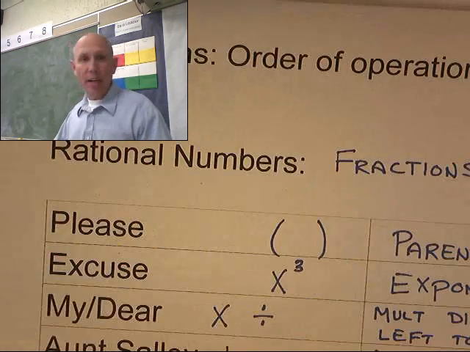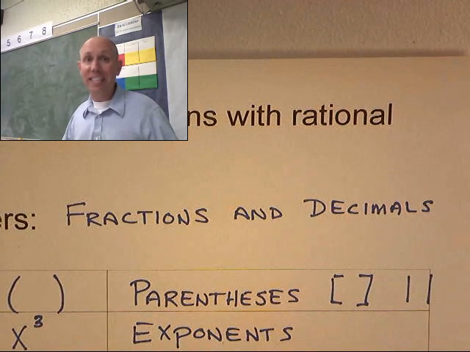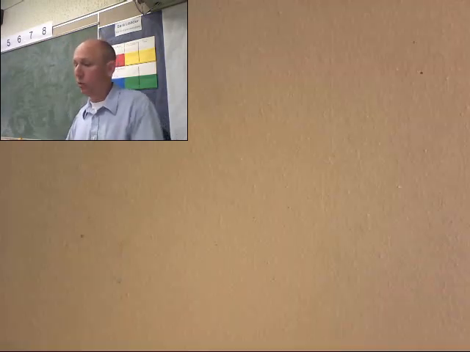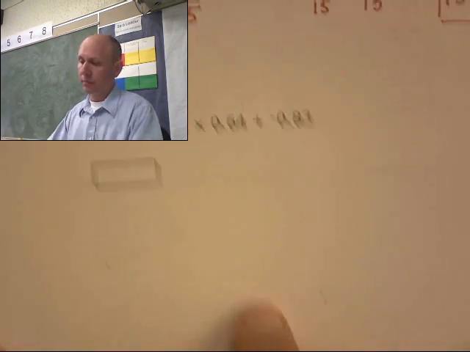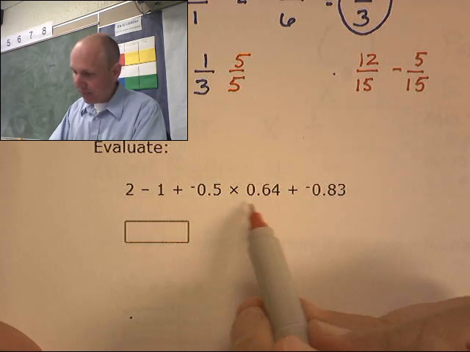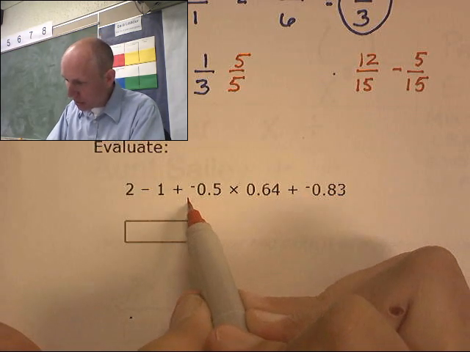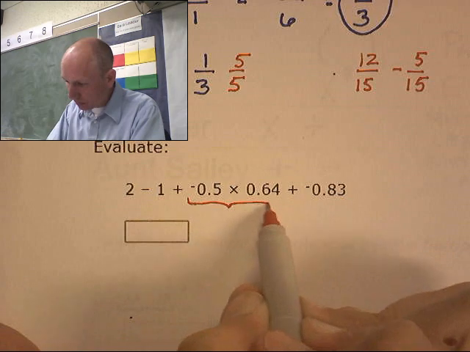Okay, here we go. Remember going back to this first page, I said that with rationals, we're dealing with fractions and decimals. Well, here's a decimal one. Ooh, it's a good one. Okay, I have some multiplication right there. This is the multiplication I need to do first, right here.